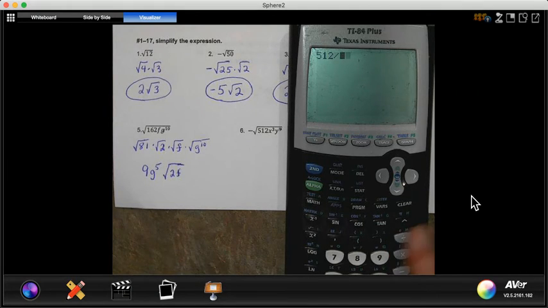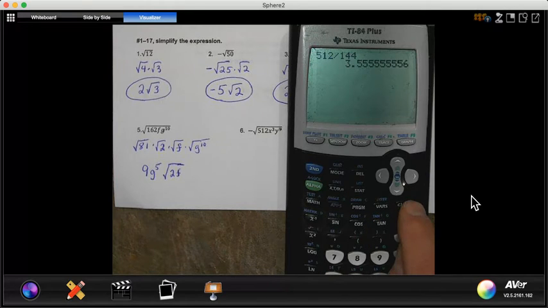So 512 divided by 64 is 8, but 4 goes into 8 as well. So 512 divided by 81? No. 512 divided by 144?